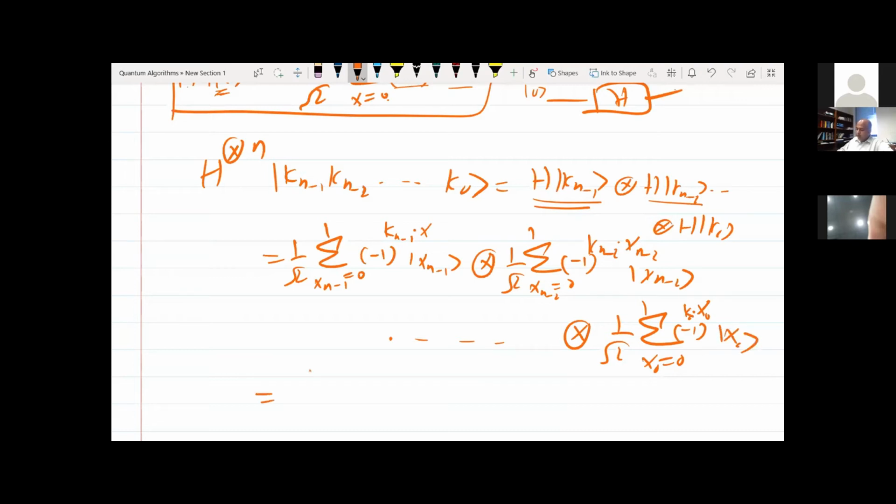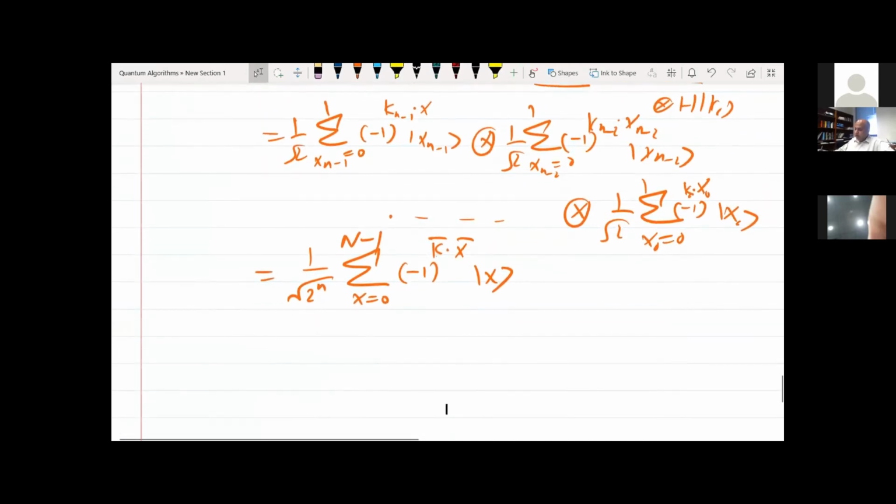And if I combine all of them, I can write 1 over square root 2 power n, sum over x going from 0 to 2 power n minus 1, minus 1 power k dot x, x, where this k dot x is nothing but a dot product like this.